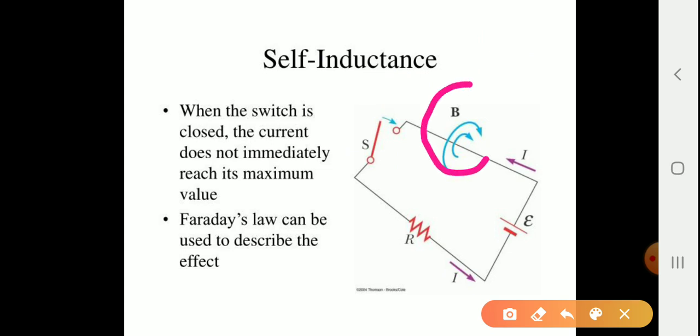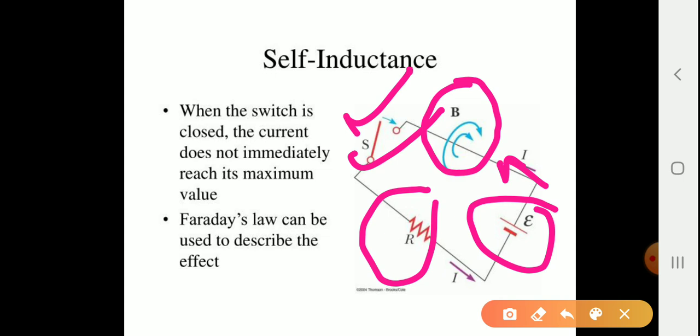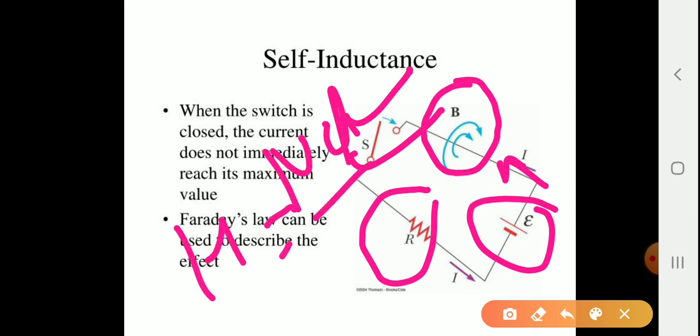B is the magnetic flux density and I is the current, and this is the battery connected with a resistance. So this is self inductance, where the current reaches its maximum value when the switch is on. Self inductance is L equal to N phi upon I.